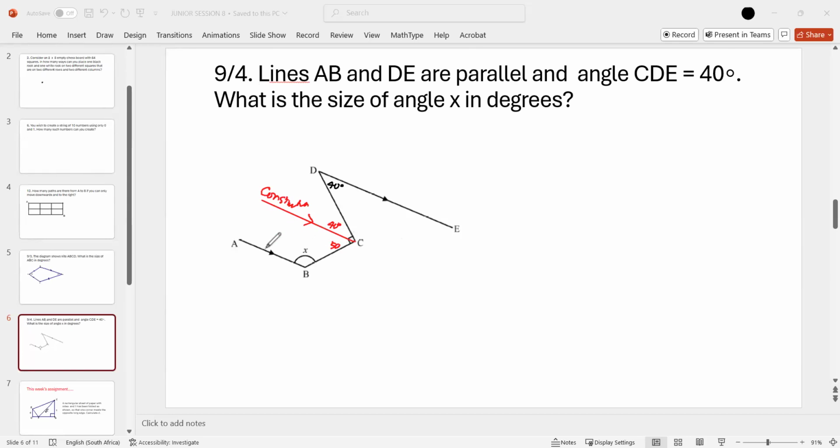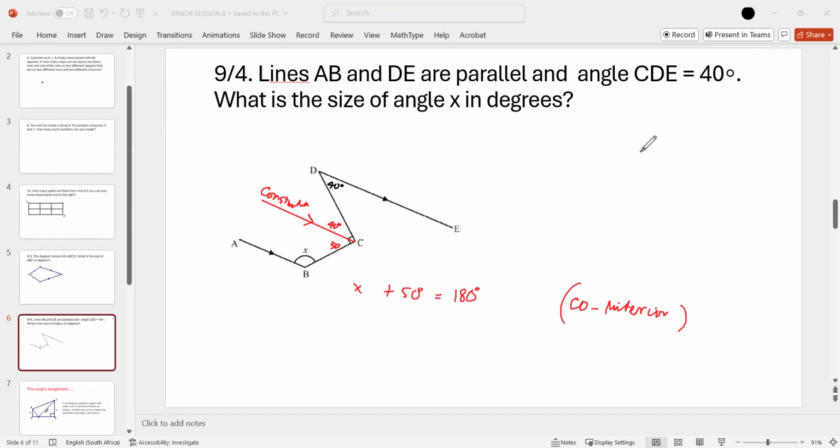But now you've got these two lines are parallel, and X and 50 are U angles. These are U angles, so they are supplementary. In other words, they add up to 180 degrees. So X plus 50 is 180. You call that co-interior angles. Co-interior angles always add up to 180.